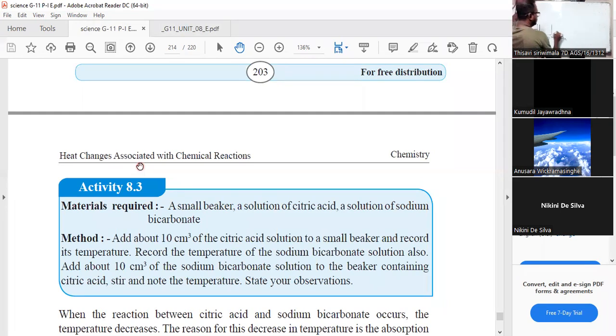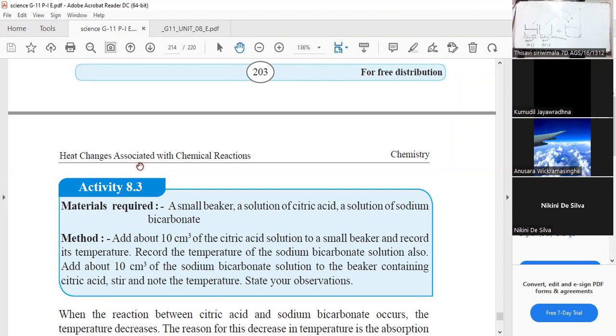So then they will be added together, allowed to react, and the thermometer will record the temperature.